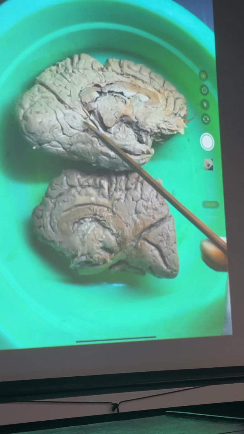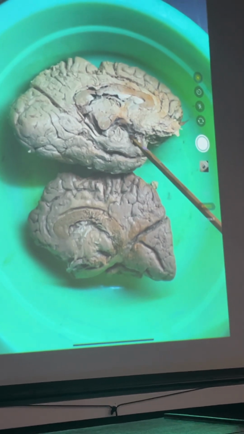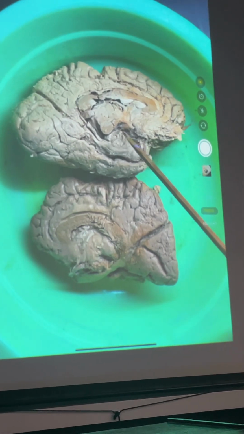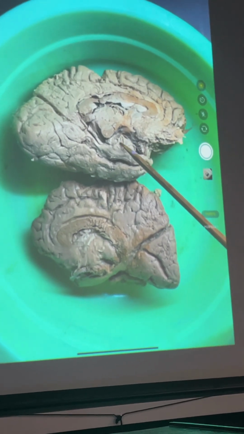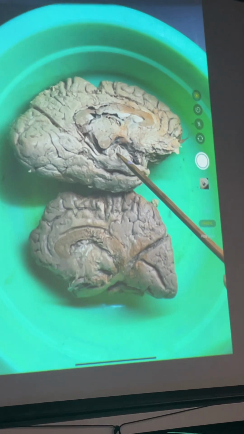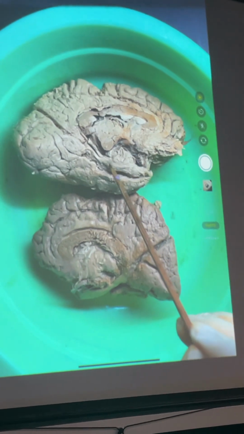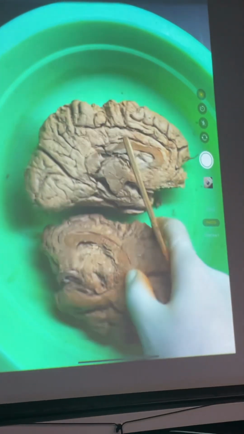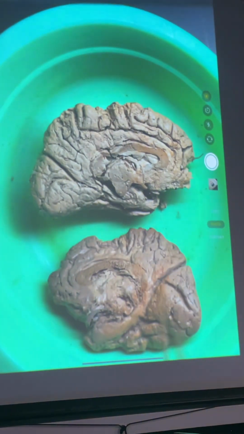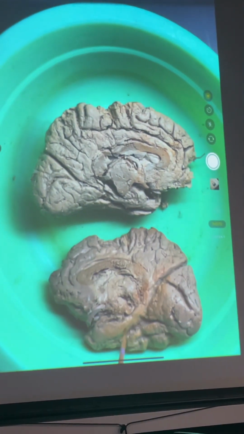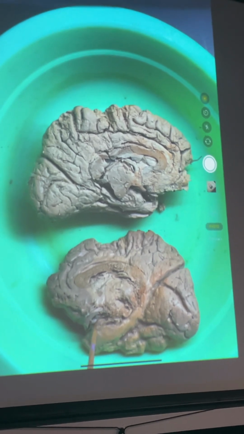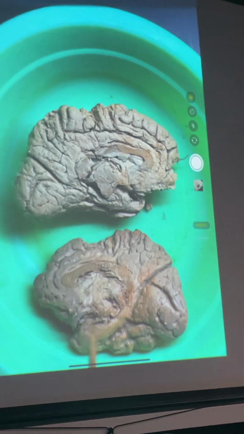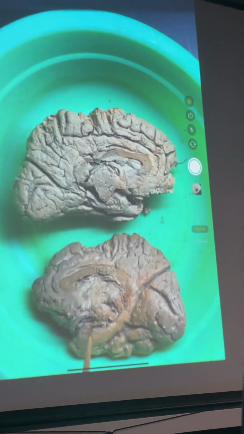When it bulges at the end of the parahippocampal gyrus, that's called the uncus. When it's pinned here, that is the uncus, and when it's pinned here, that's the parahippocampal gyrus. In this other model, this is the parahippocampal gyrus, and the uncus over here is actually a bit damaged. So this here is the uncus.